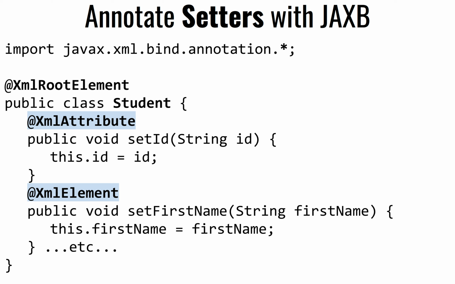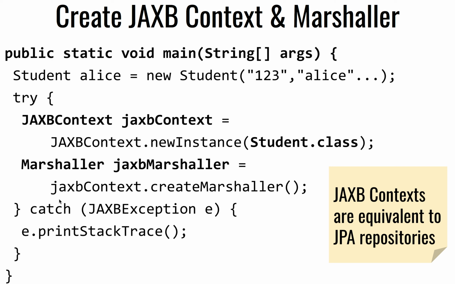Instead, we annotate the methods. So we're mapping the ID with the XML attribute, and we're mapping the property first name with the XML elements. And we would annotate the last name as well.